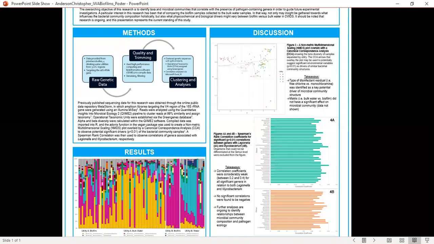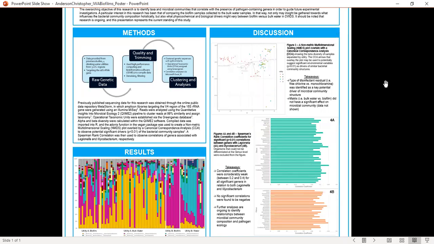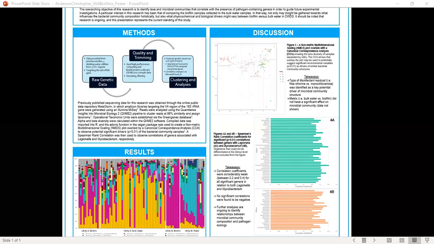While figures 1 and 2 can be used to get more of a general idea of what's present in the drinking water distribution system as far as bacteria are concerned, figure 3, which is a non-metric multidimensional scaling plot overlain by canonical correspondence analysis, is used to show beta diversity between the samples.